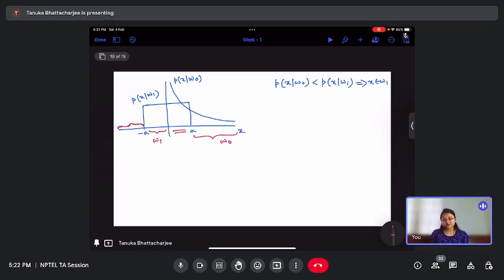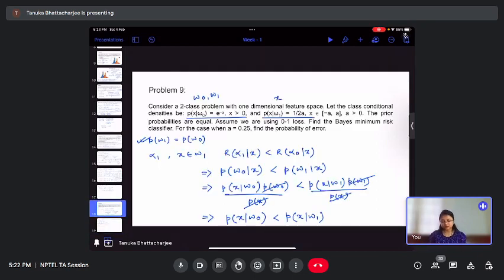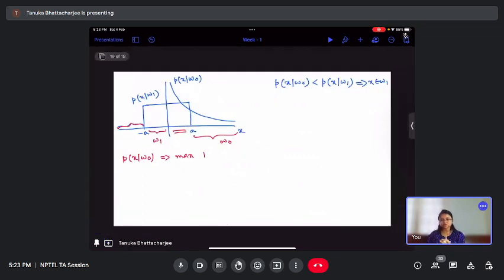The maximum value of probability of x given omega 0, that is e to the power minus x, can be 1 when x is 0. But x is actually greater than 0, so it never touches 1, but it asymptotically reaches 1.